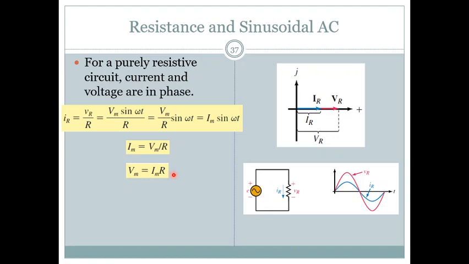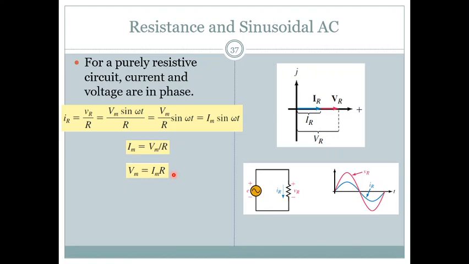Now we have talked about three different components: a resistor, a capacitor, and an inductor. Now we will take them one by one and see the interrelationship or the phase relationship between the voltage and the current.